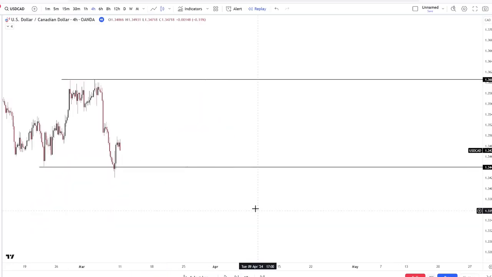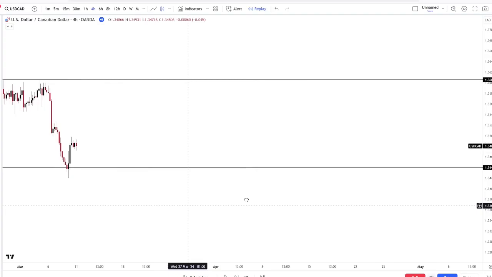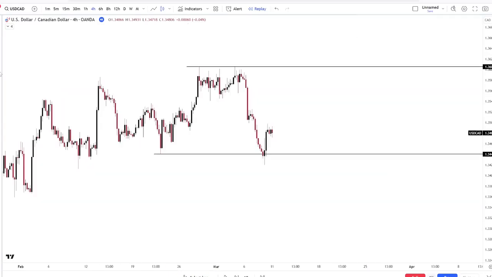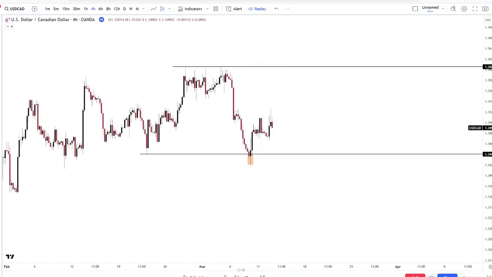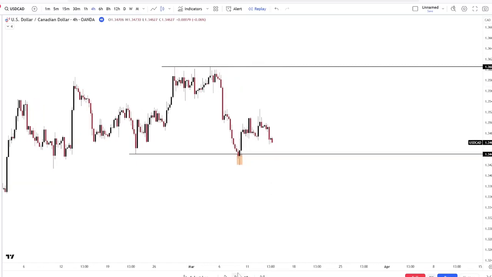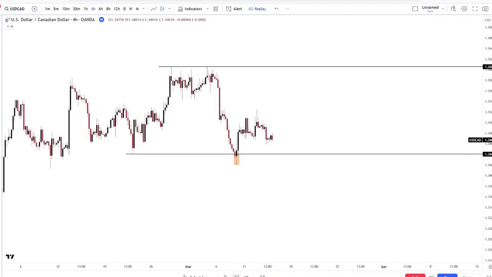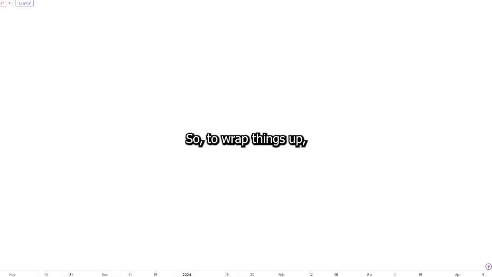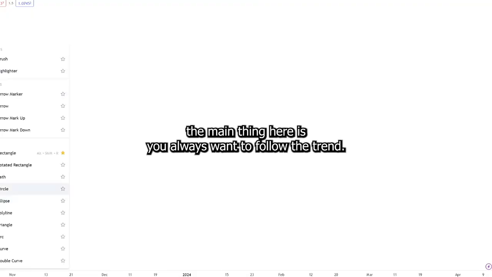As you can see what happened here. Price stop hunted. Price purged all the sellers. And will more than likely continue higher. So to wrap things up, the main thing here is you always want to follow the trend.